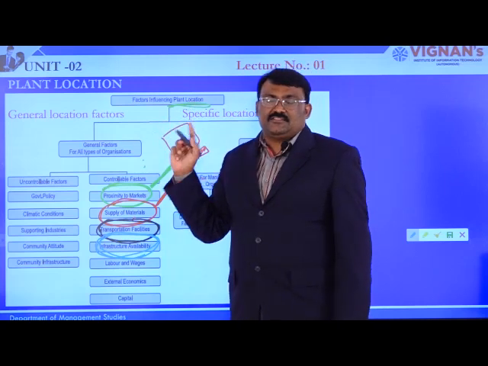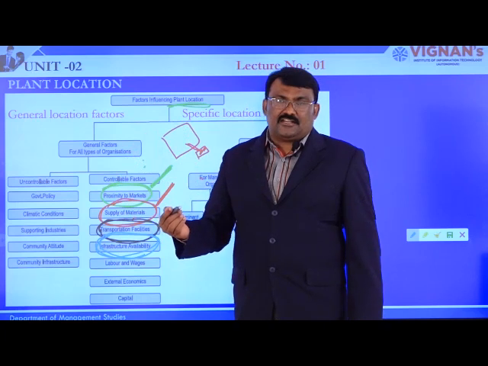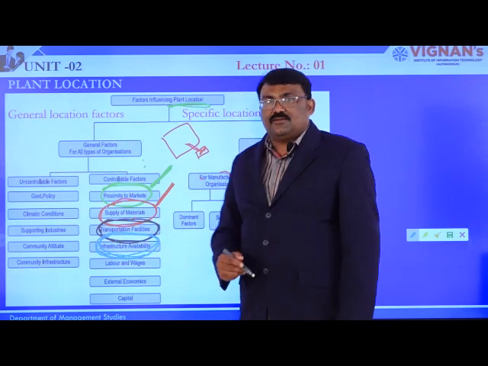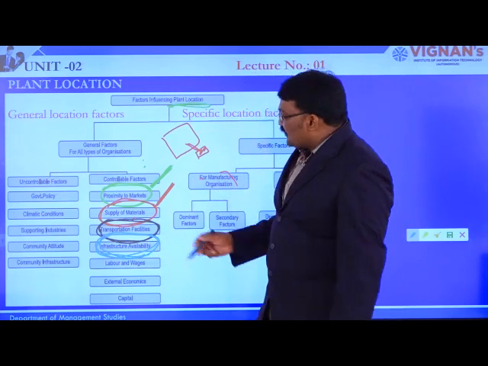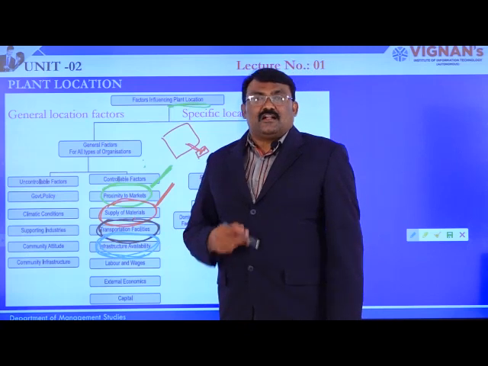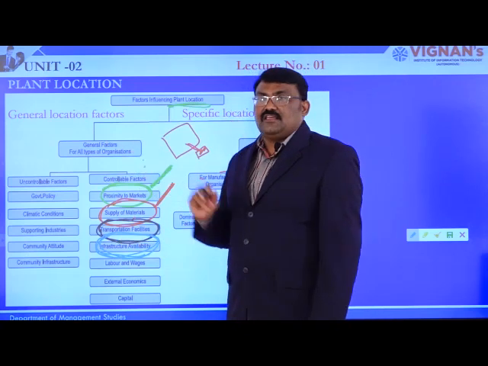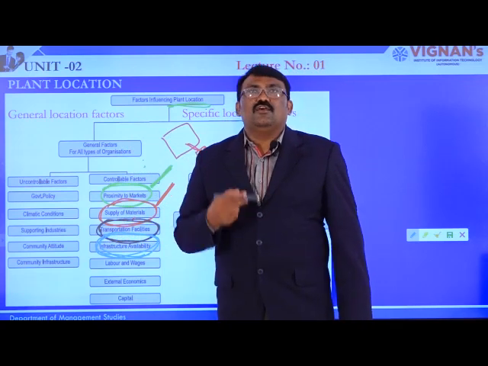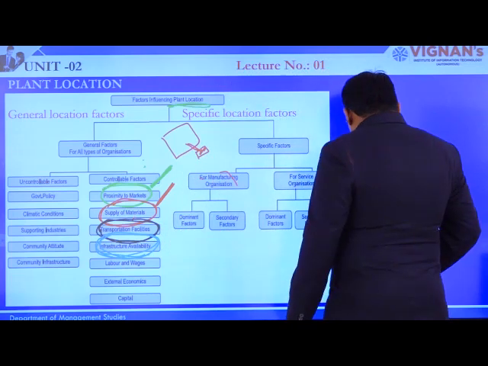If the plant location is established somewhere far away in a reserved location, then you cannot establish this infrastructure near to the plant location. So, ultimately it will become difficult. So, it is under the control of the plant location, whatever location we are deciding upon.